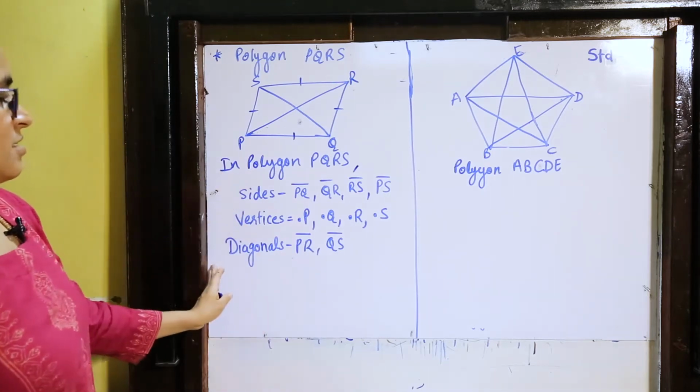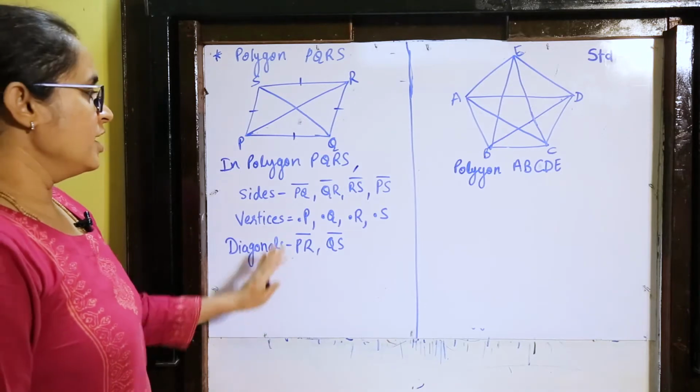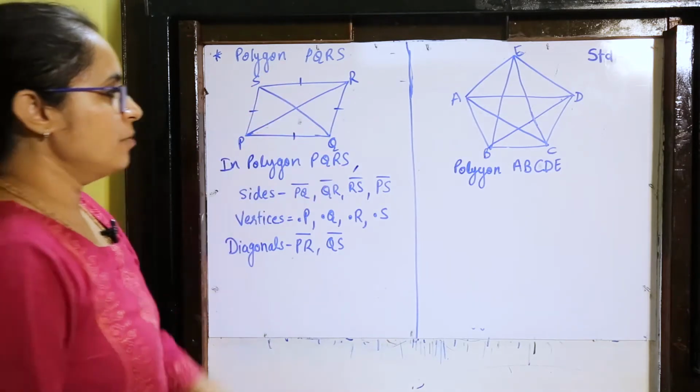These are some basic parts of the polygon PQRS, or the quadrilateral PQRS.